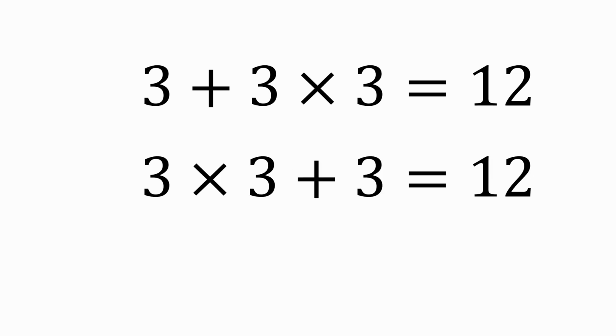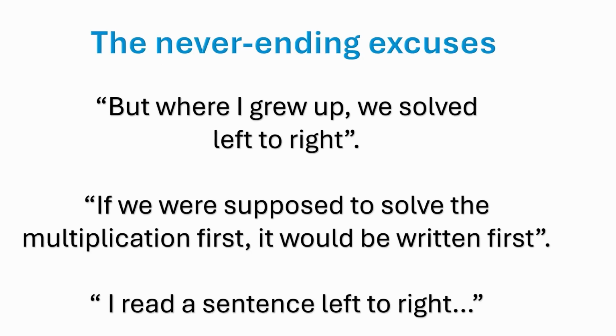And I've heard the other excuses too, that well, the multiplication would have to be first. It doesn't matter. 3 plus 3 times 3 is 12. 3 times 3 plus 3 is also equal to 12. There's no difference because multiplication already has precedence over addition. But you do see the never-ending excuses out there: where I grew up, we solved left to right.